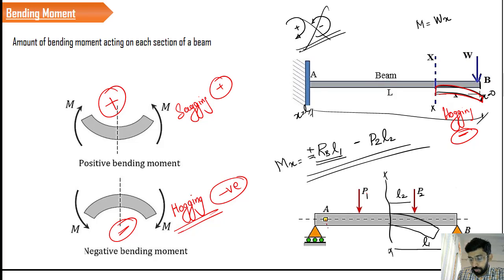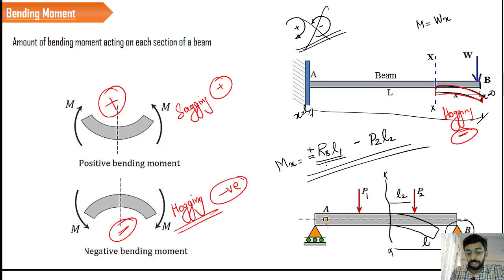For the second case, I said that P2 is going to create a hogging type of moment. Some of you might be confused, sir, how can this beam bend like this when you have a support like this? I think I have already explained the answer. I have replaced the support by a force RB in the free body diagram, and I told you that once we analyze this RB, we have to consider that RB is absent in the system.